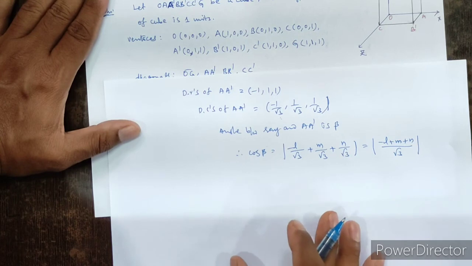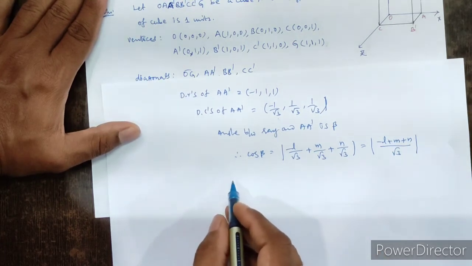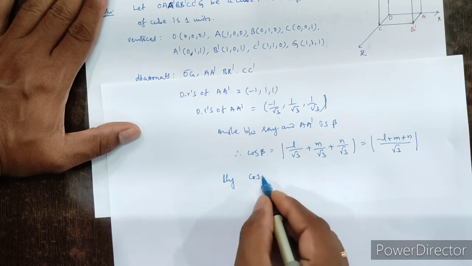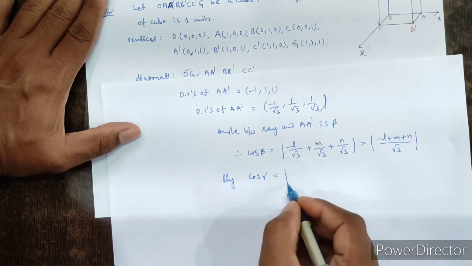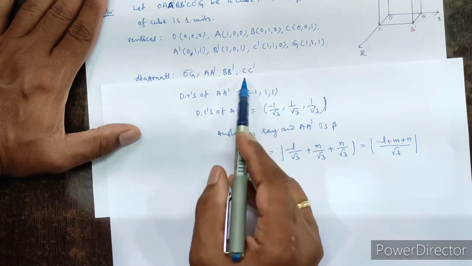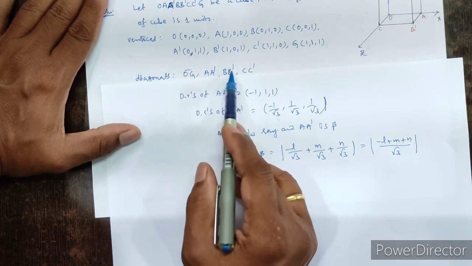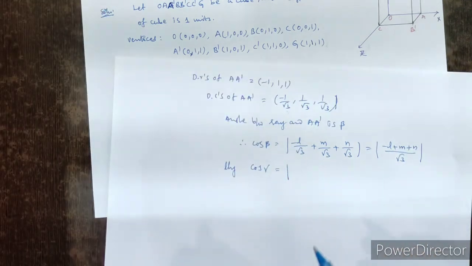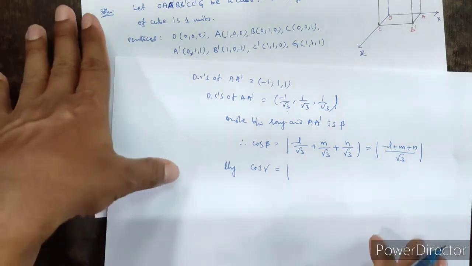So next diagonal, similarly we can find cos gamma also. Cos gamma uses the BB dash direction cosines, which are 1 by root 3 comma minus 1 by root 3 comma 1 by root 3.